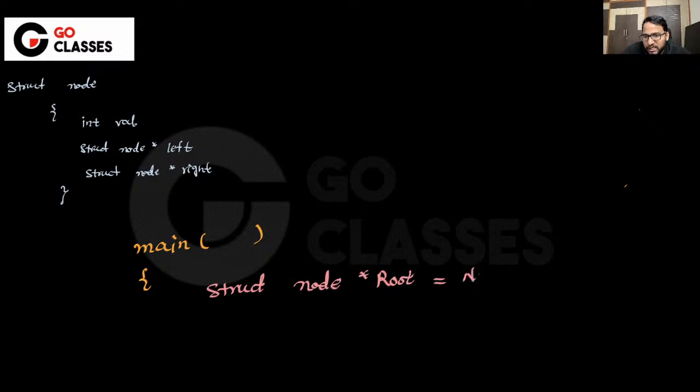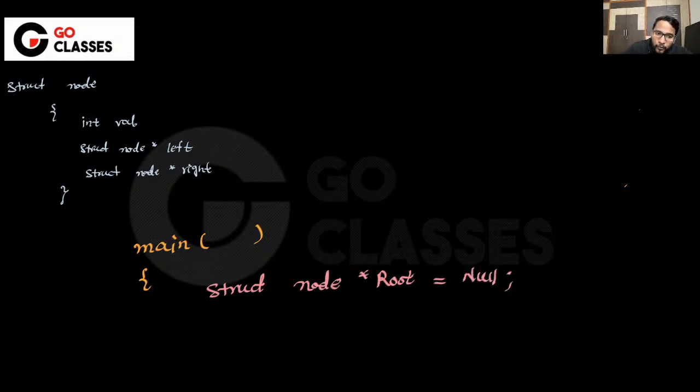Now let me quickly go to the main function and check what it should be doing. In the main function, initially I will define the root of the complete tree as null. There is a pointer, a root, which initially is null.